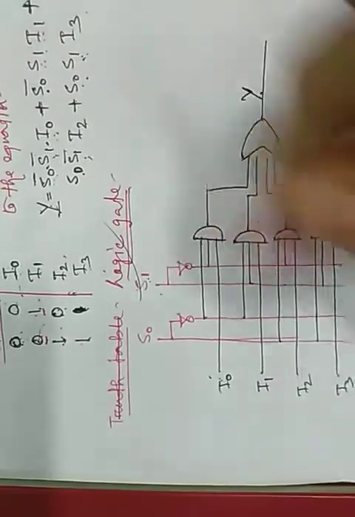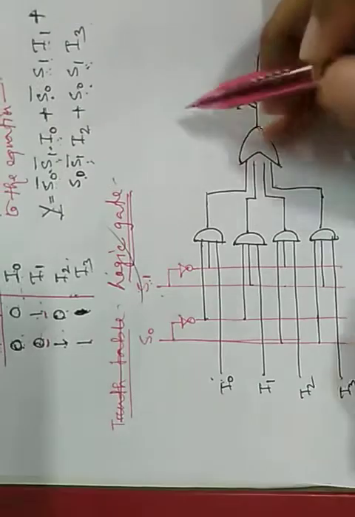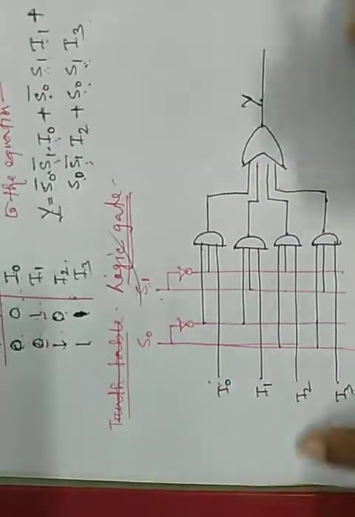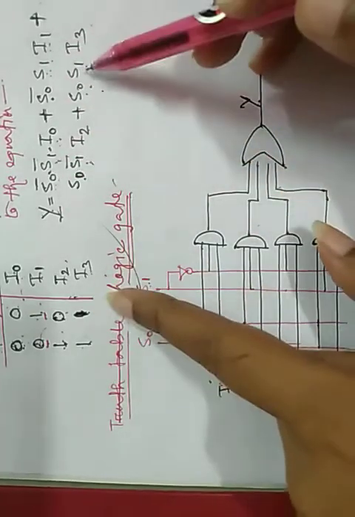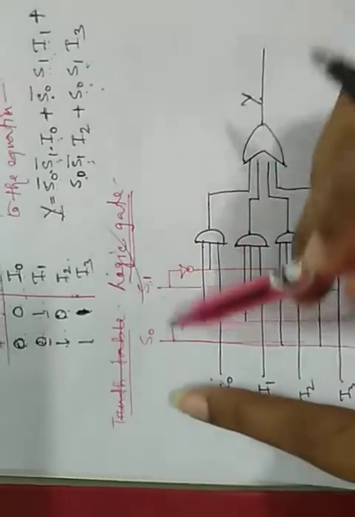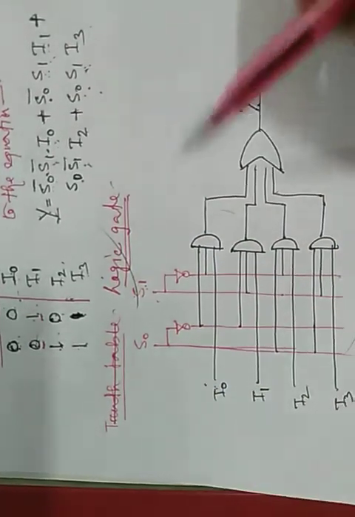This is our truth table, this is our expression. Using this expression, we are drawing this logic gate.